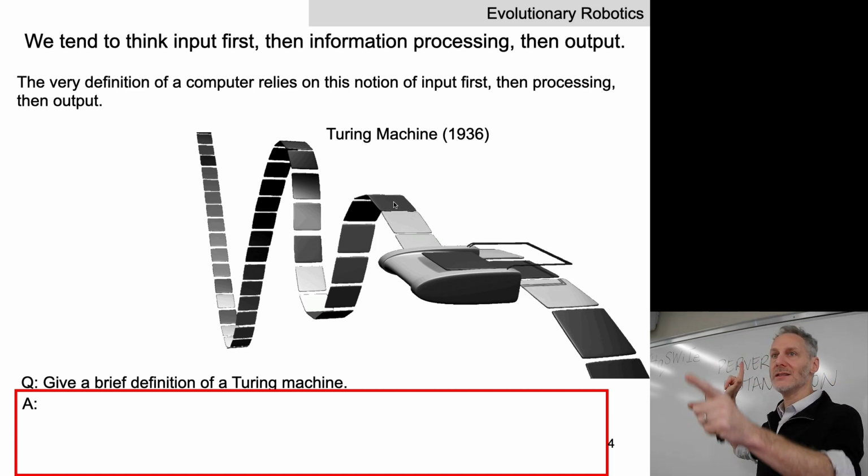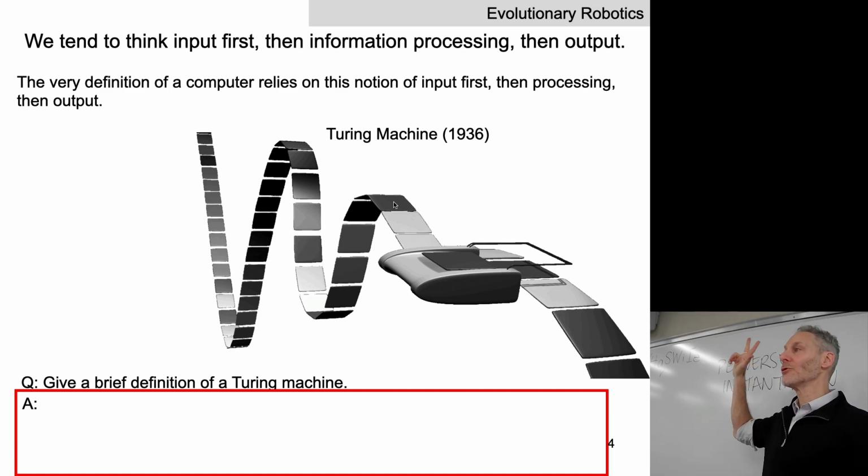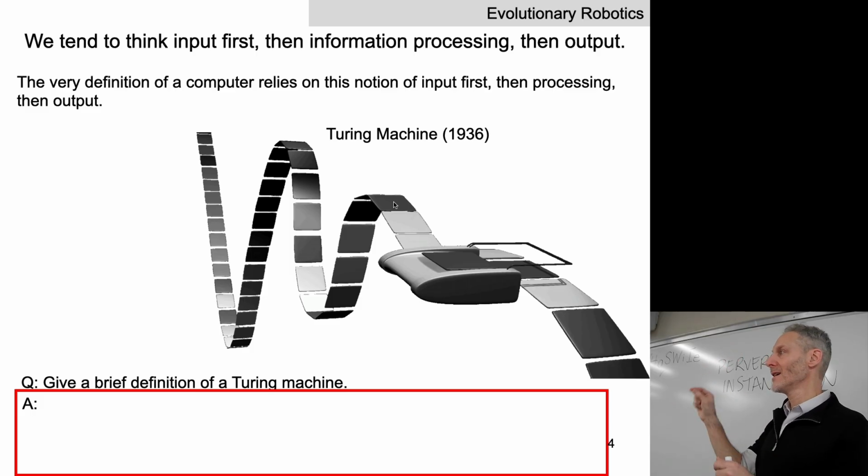Great, that's an important detail. It can write to the tape? It can write to the tape. So there's actually two actions that a Turing machine is capable of. Move left and right, and write to the tape, or erase the 0 or 1 that's there and replace it with a 0 or 1. So we've got inputs and outputs. One last thing we're missing.